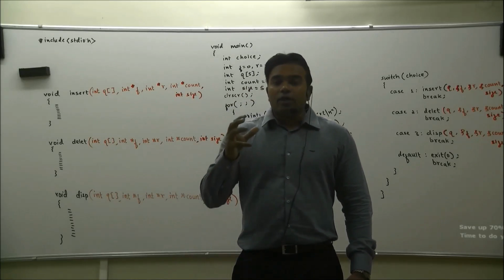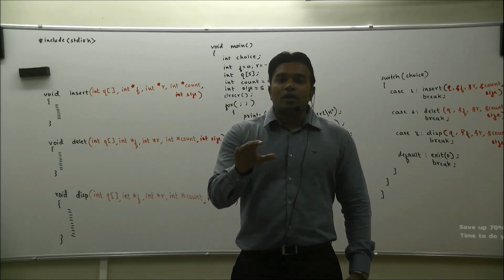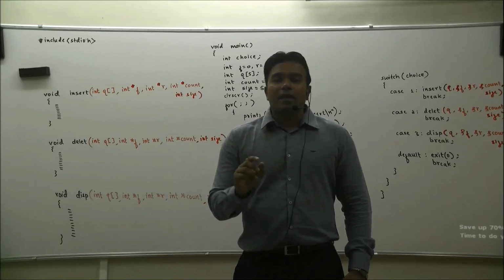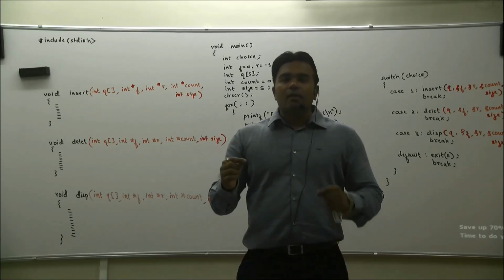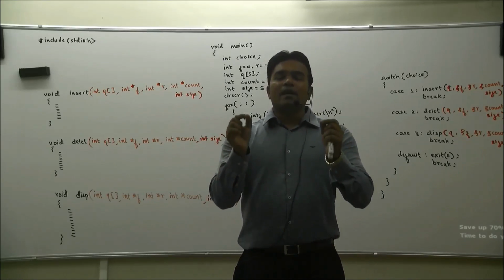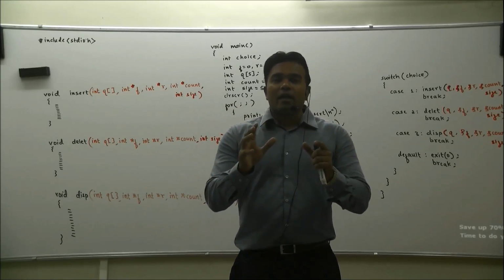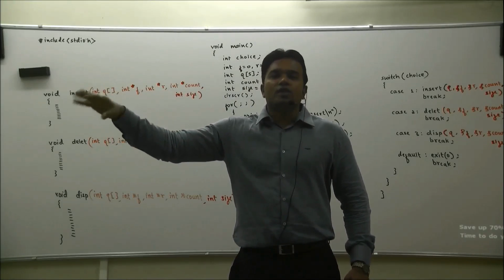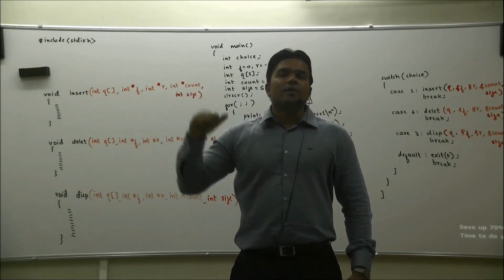In the interviews, they will ask, is pass by value good or is pass by reference good? You should not tell pass by reference is good or pass by value is good. You should give a more mature answer. You should tell, sir, be it pass by value or pass by reference, they are parameter passing techniques. If I want to pass a value which is only used but won't get altered, I will use pass by value.